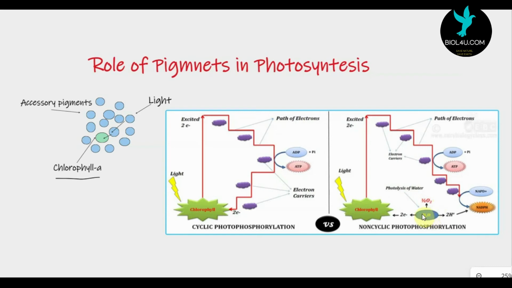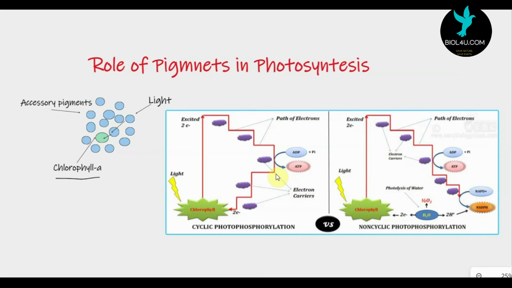By splitting the water molecule, the hydrogen electrons reach back to the chlorophyll A molecule. So the expelled electron does not reach back to chlorophyll A, and the electron is given by the splitting of water. Here the electron transfer is not cyclic, hence it is known as non-cyclic photophosphorylation.